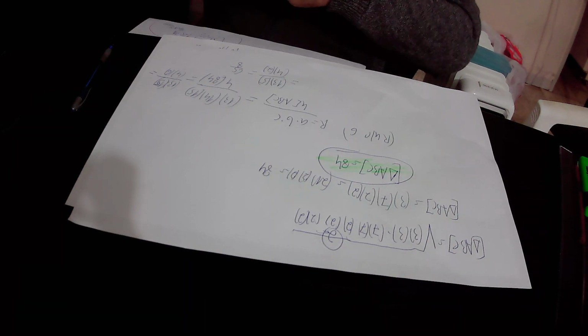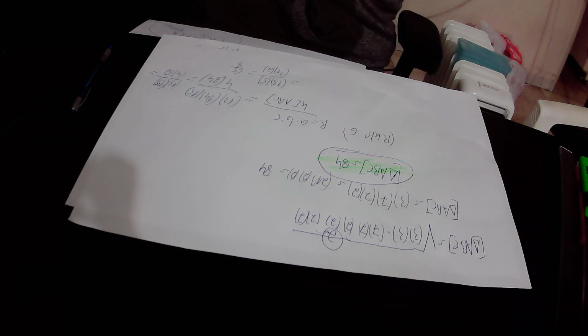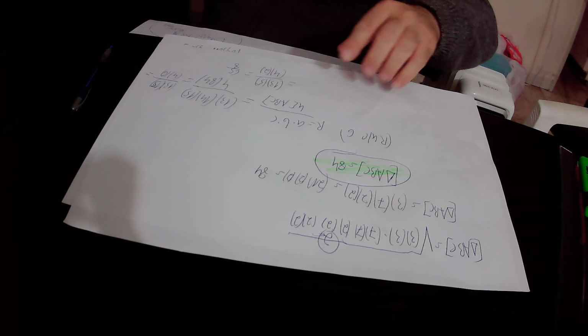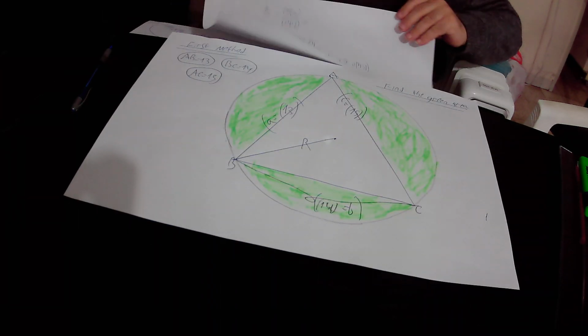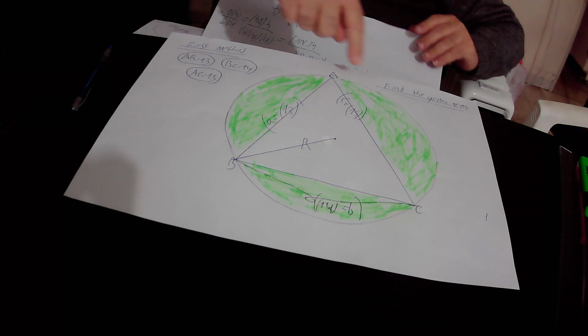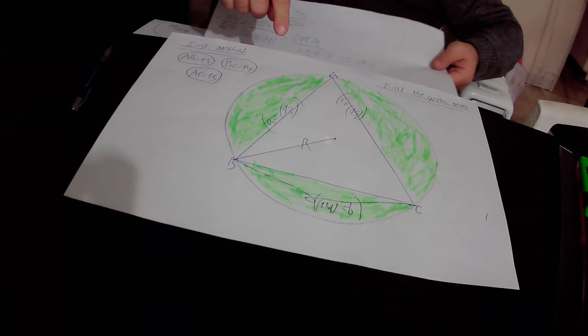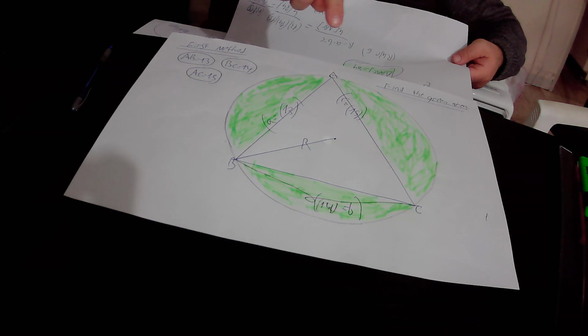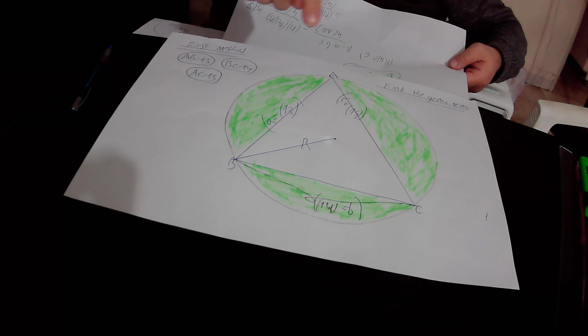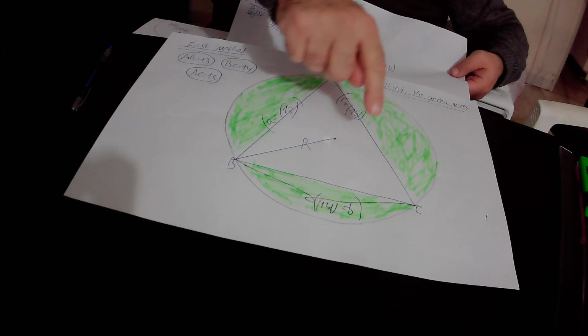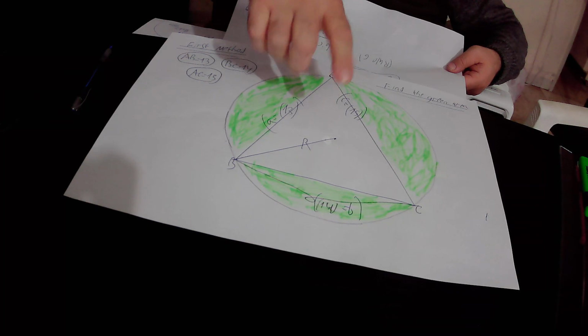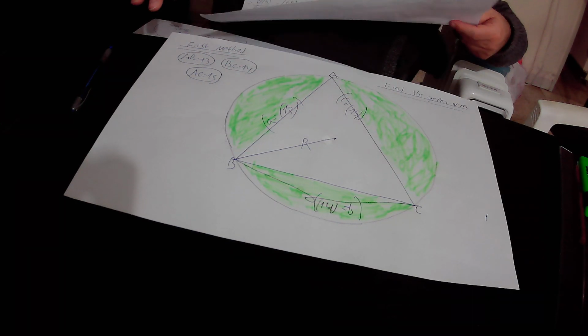According to rule number 6, the radius of this circle that blocks triangle ABC will be equal to A times B times C over 4 times the area of triangle ABC.